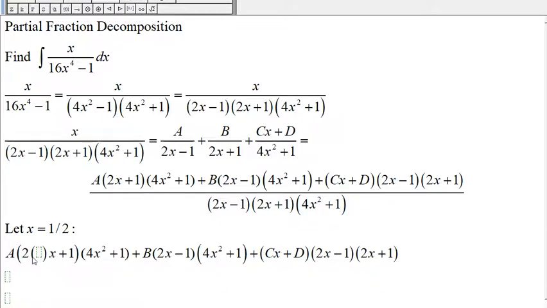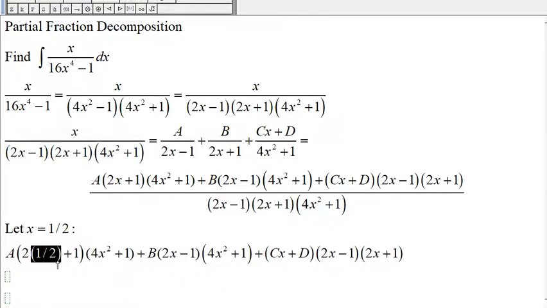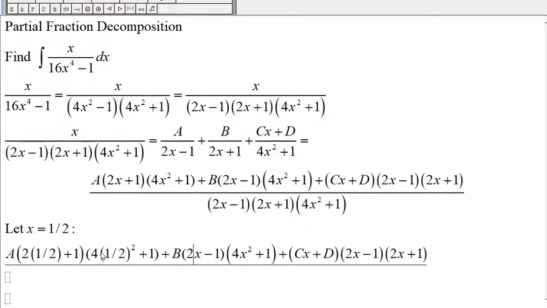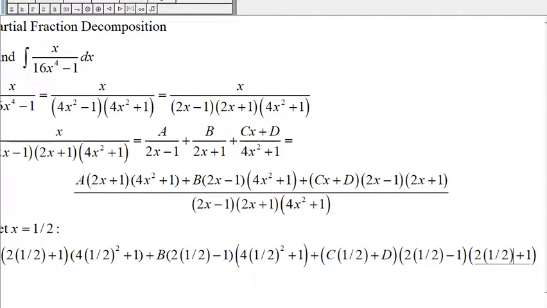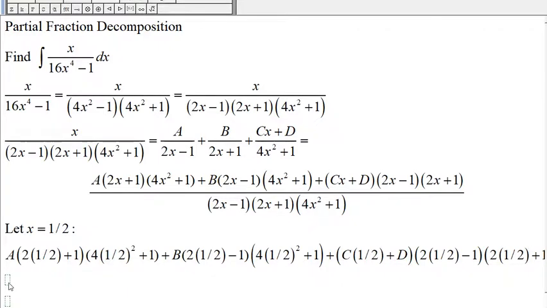So right here we have 1/2. So we get a. 2 times 1/2 is 1, 1 plus 1 is 2. 1/2 squared is 1/4 times 4 is 1, 1 plus 1 is 2. Two times 1/2.